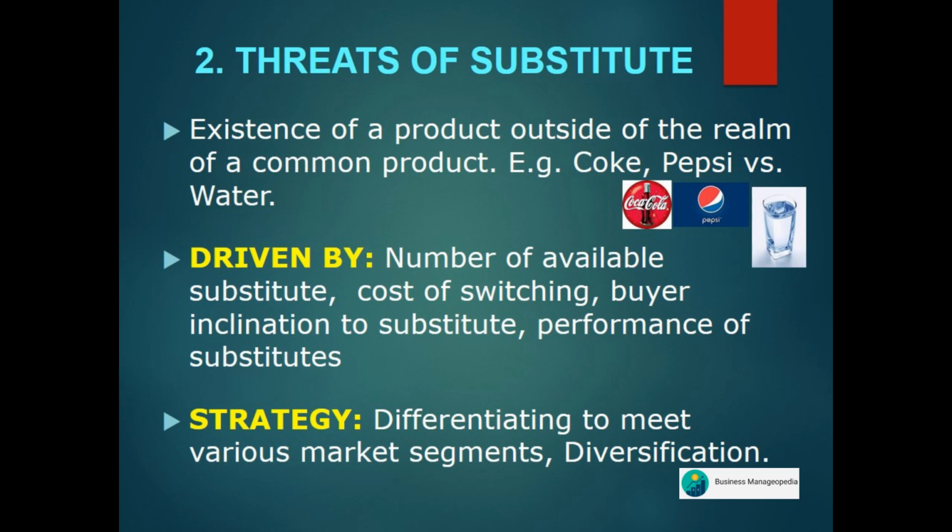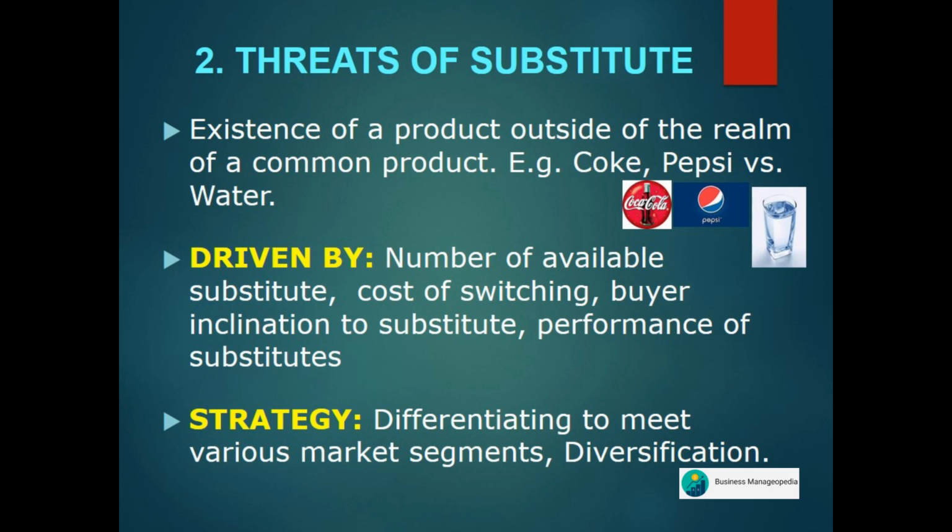Now, this force is driven by factors such as number of available substitutes, cost of switching, buyers' inclination to substitutes, and performance of substitutes. If the number of available substitutes for your product is high, this is a threat for your business. If the cost of switching from your product to the other product is low, this is a threat for your product.